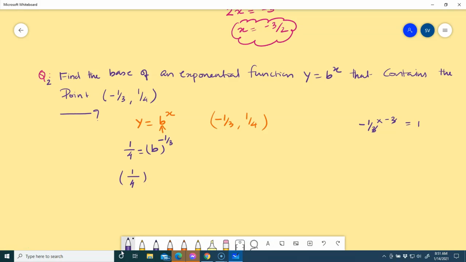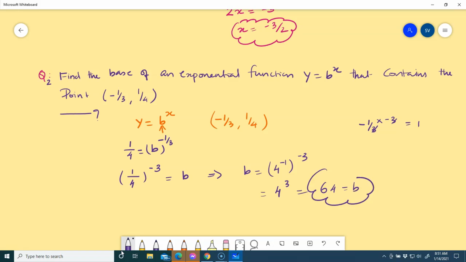So that is 1/4 to the power negative 3, which is equal to b, since this to the power negative 3 is b. So b is equal to 1/4 to the power negative 3. When simplifying this, 1/4 you can write as 4 to the power minus 1, to the power minus 3. So this is 4 to the power 3, because negative times negative is positive. So the answer is 64 is equal to b.